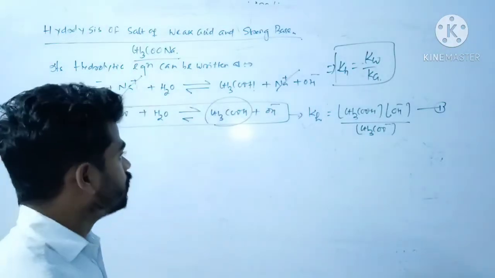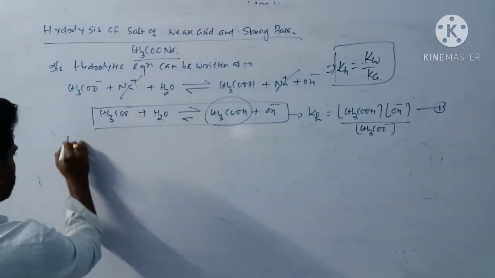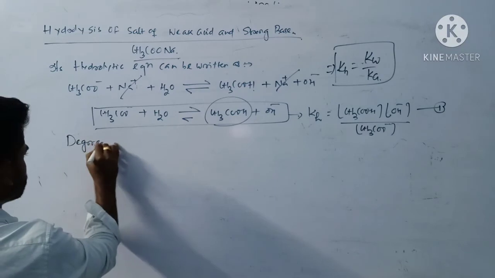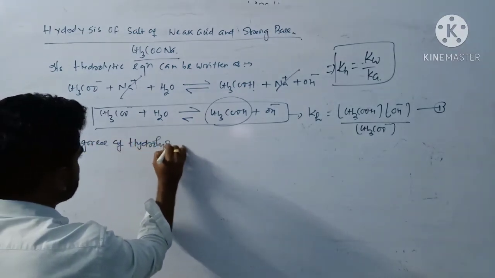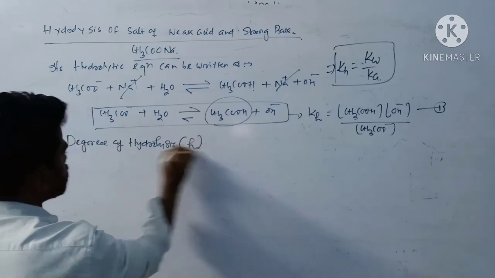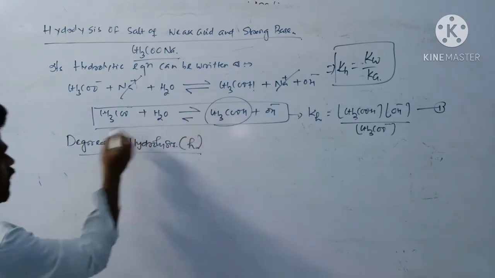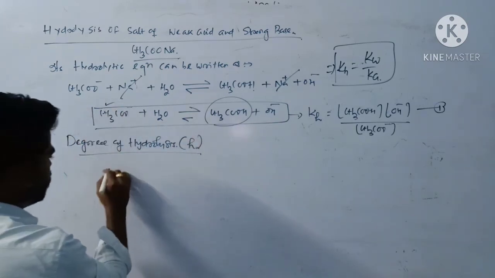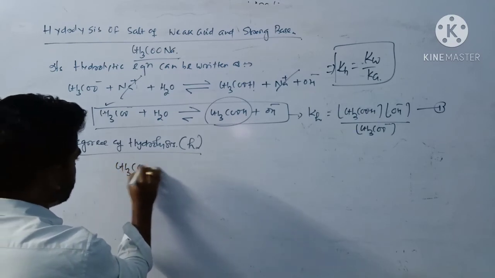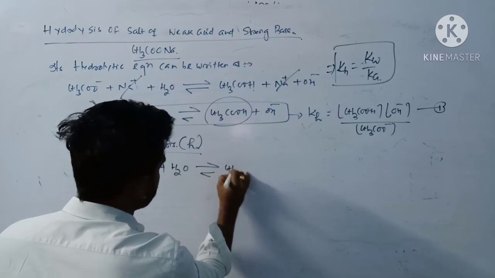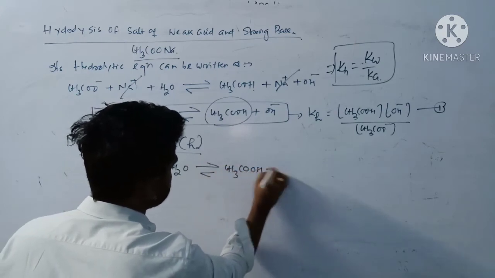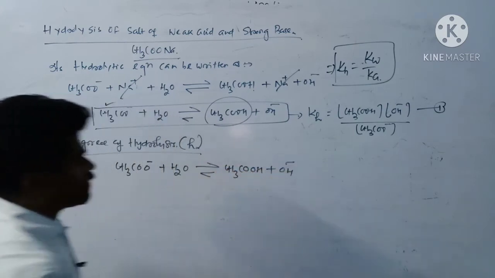Now let us find out the degree of hydrolysis, that is h. Clear? So I am again considering the hydrolytic equation, CH3COO minus plus H2O giving rise to CH3COOH plus OH minus. Clear?